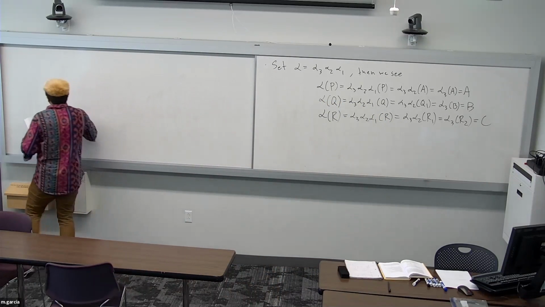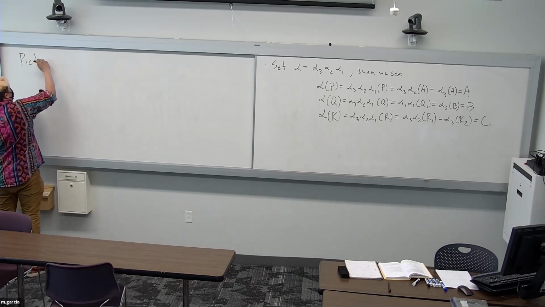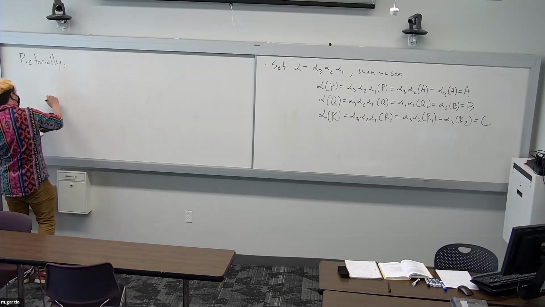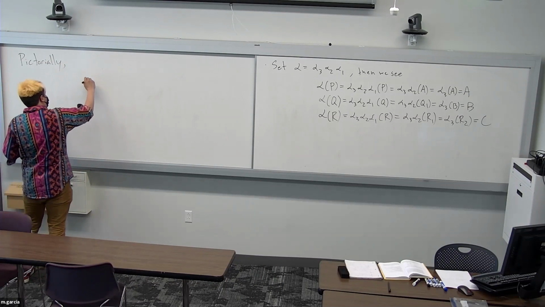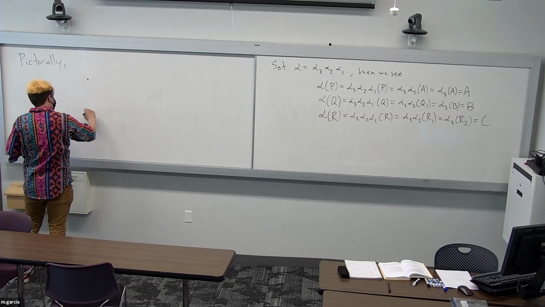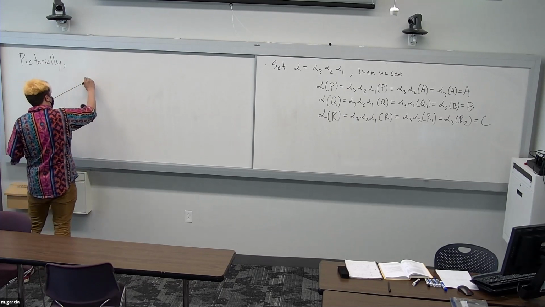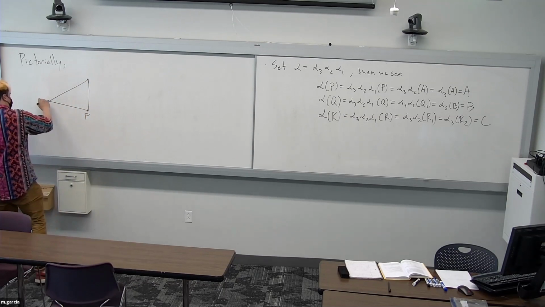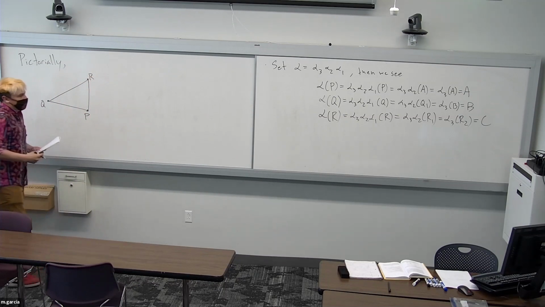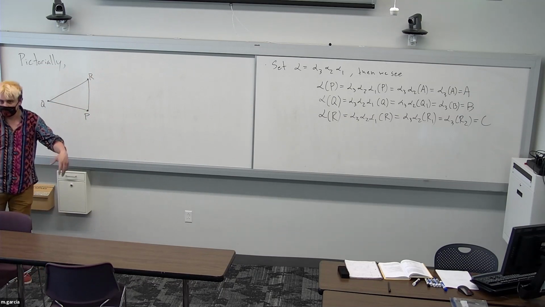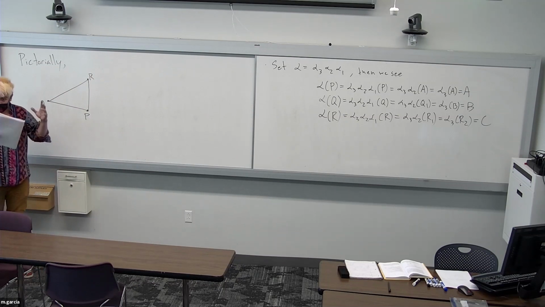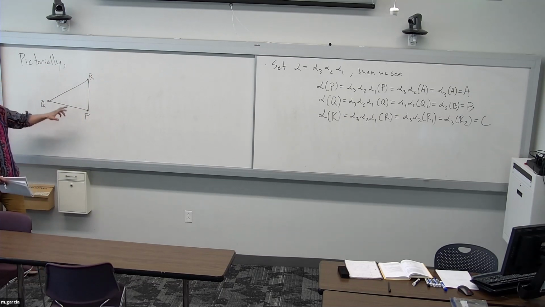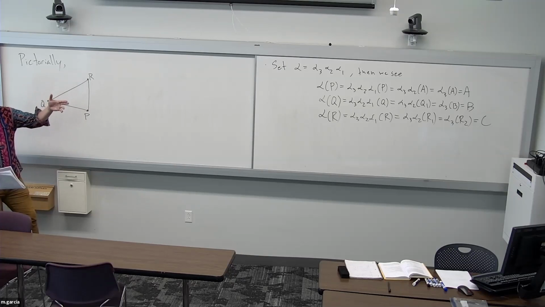Okay, so pictorially, we'll take some triangle P, Q, R, and I'm going to pick all unique points, right? So the picture I'm going to draw has legitimately 3 reflections, is the isometry that will take PQR to ABC.